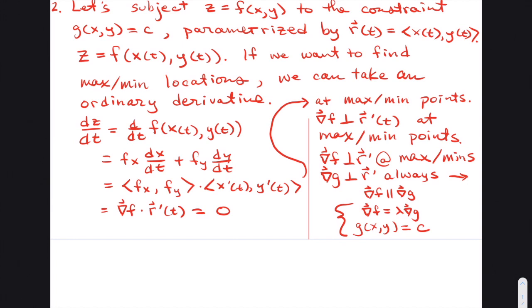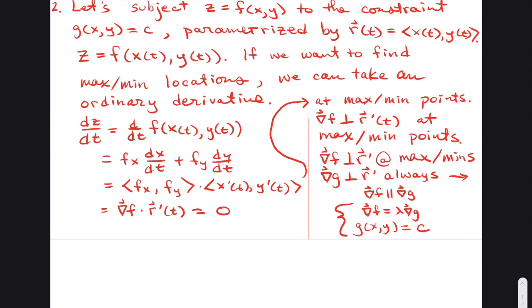So the gradient of f equals lambda times the gradient of g is actually two equations with three variables. The variables are x, y, and lambda. Three variables in two equations is not enough, but if you throw in the constraint equation, g of x, y equals c, which must be imposed because we need to force those points to be on the constraint curve, then you end up with the third equation in those three unknowns, and that's the method of Lagrange multipliers.